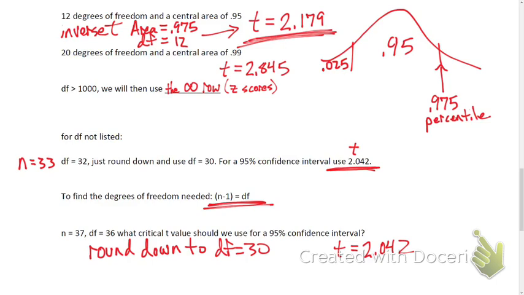If that bothers you, the rounding, you could use the calculator and do inverse T, area is 0.975, degrees of freedom is 32, and when you do that, you get a different T-score, but it is barely different, 2.0369.